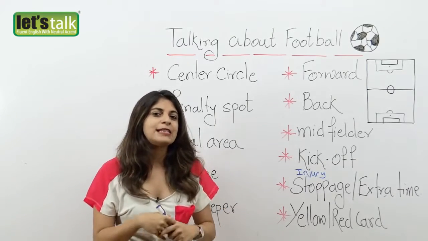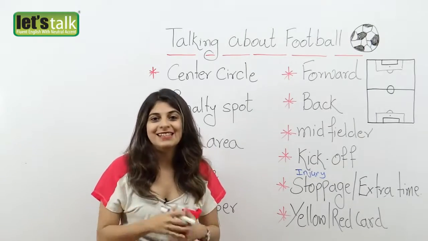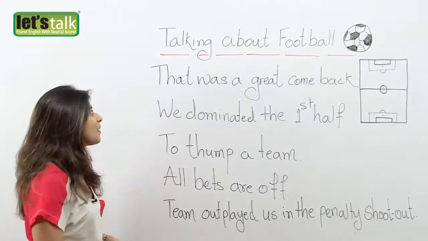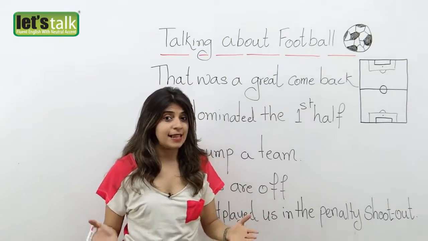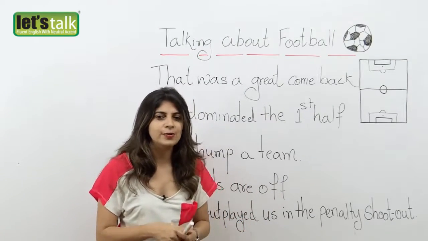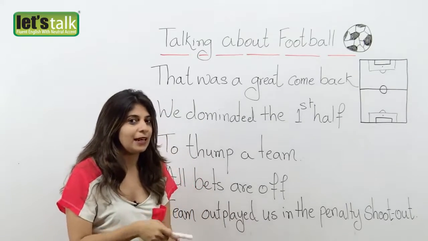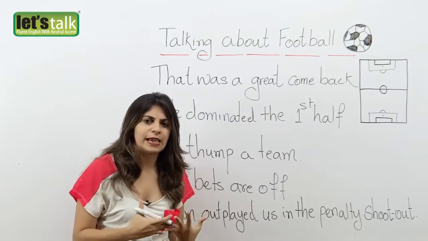Now let's have a look at some phrases that would help you to talk and discuss the game. So now let's have a look at some phrases here. That was a great comeback. Now maybe you are discussing a game with your friends and you say, oh, that was a great comeback. So what does that mean? This means that maybe the team was losing, okay?